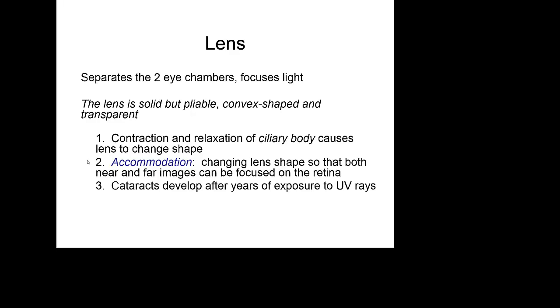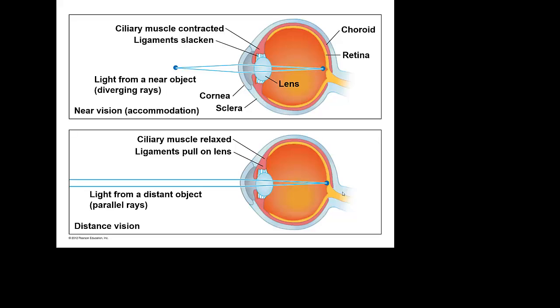The idea of accommodation is your ability to change your lens shape so that you can focus those images onto the retina and get it to the rods and cones. Now, if you're not able to focus that lens as well as you should or as clearly as you should, we end up with what we call accommodation or vision issues in your eye.